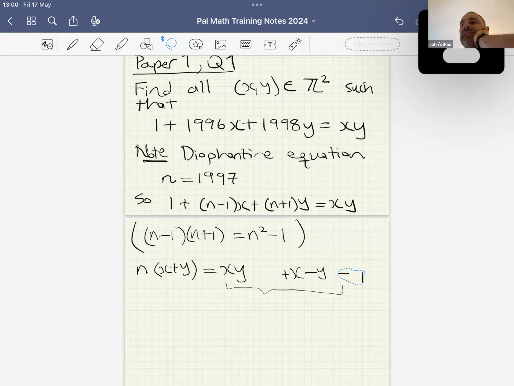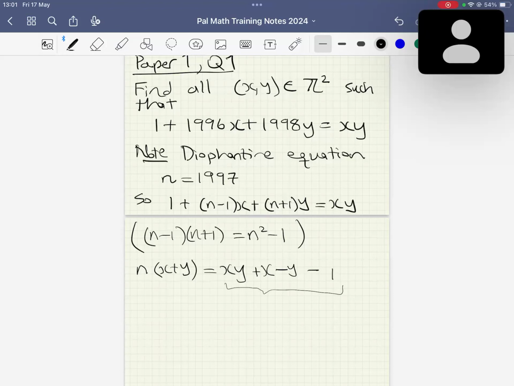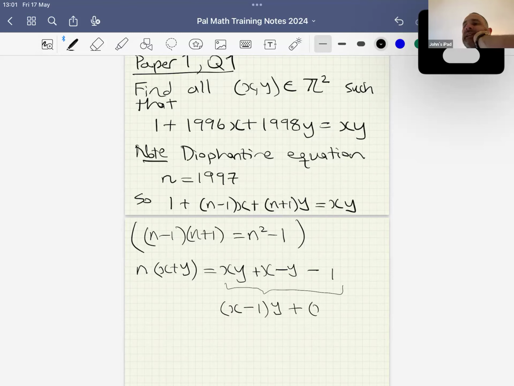And I could even rewrite it like this. Maybe we could take y as a common factor, then x minus 1 times y, and then the remainder is x minus 1.